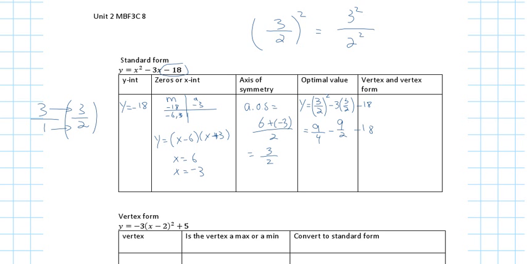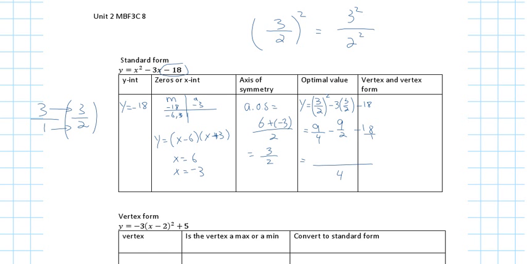How can I add fractions? Common denominator. So I have to find a common denominator when I'm adding and subtracting fractions. My denominators are 4, 2, and 1. What would be your lowest common denominator? 4. That's going to stay the same because the denominator did not change.